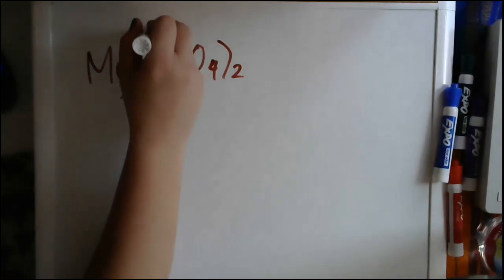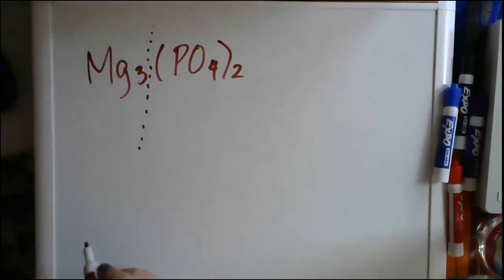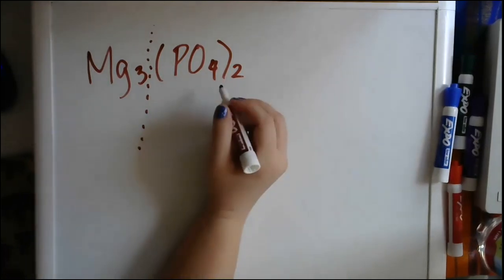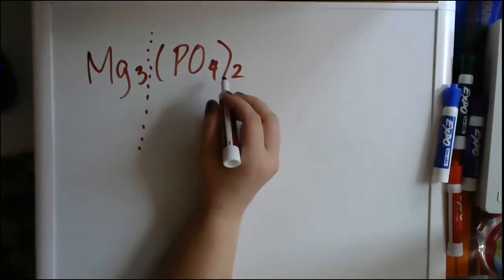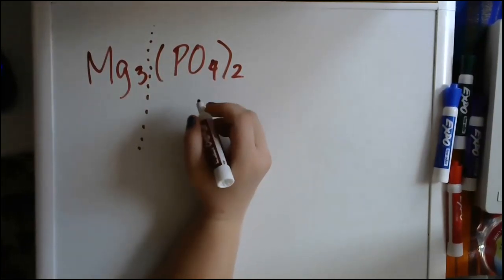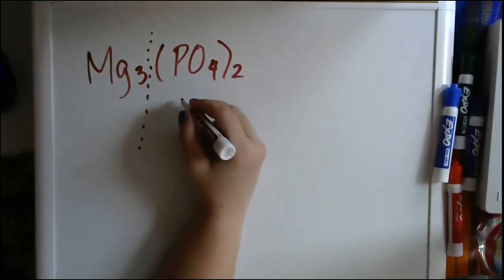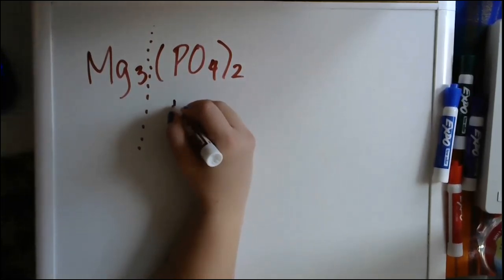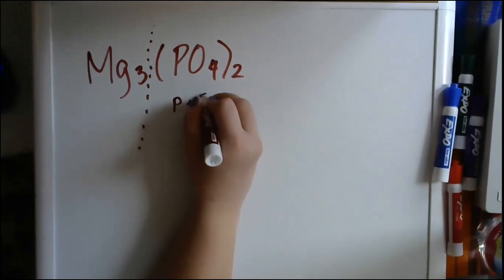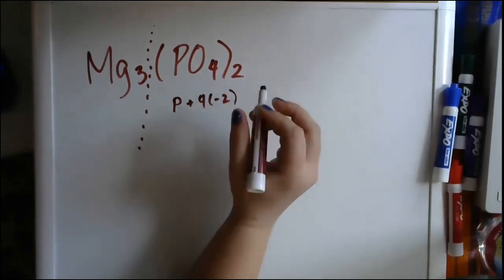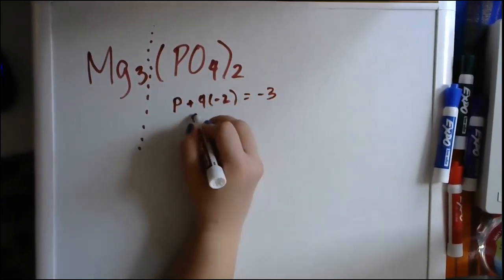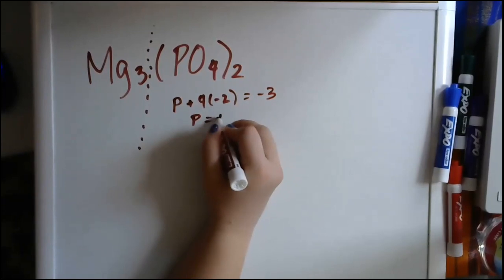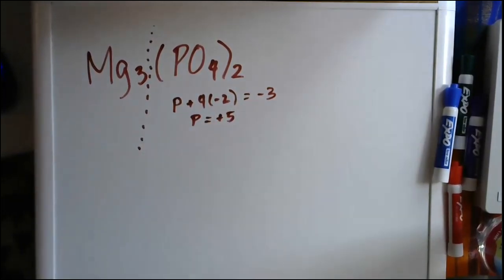So I like to separate this out and say, well, I know that I have two phosphate ions here. And if we remember the process that we did before, we know that phosphate plus 4 times -2 is going to equal -3, and that phosphate's going to equal +5.